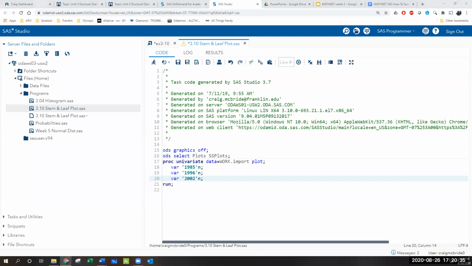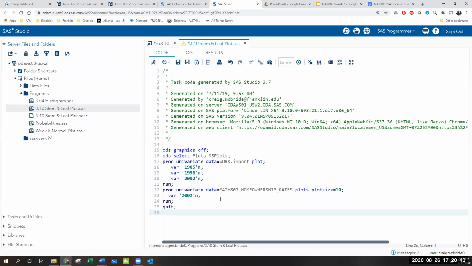Okay, let's try this one. Okay, so I just need to change my data. Basically, I think you add the class size equals 10.